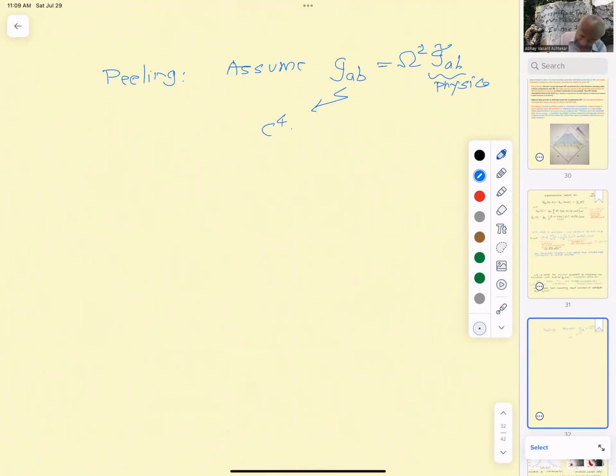Why C4? Because first of all, the Weyl tensor has to be well defined. So that says that this must be C2. But we know the Weyl tensor is well defined, and it is actually 0. And therefore, in fact, omega to the -1 times the Weyl tensor is well defined. To do this, I had to do a Taylor expansion, and therefore I have to assume that the metric up here is actually C3.